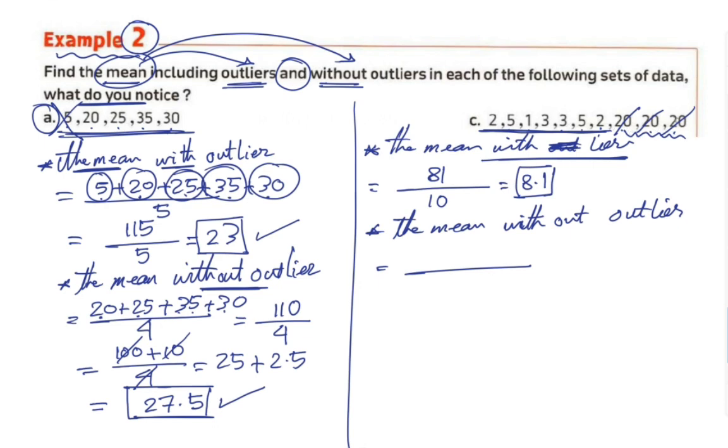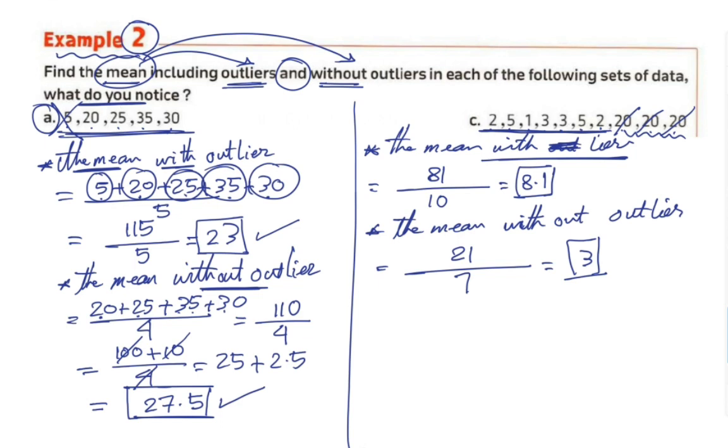So we have 2 plus 5 is 7, plus 1 is 8, plus 3 is 11, plus 3 is 14, plus 5 is 19, plus 2 is 21. 21 divided by the number of them, 1 2 3 4 5 6 7, divided by 7 equals 3. So the value of the mean equals 3. Now, what do you note?